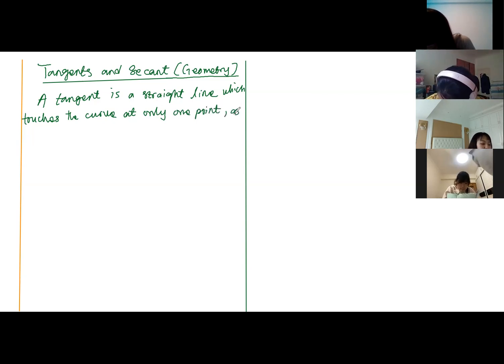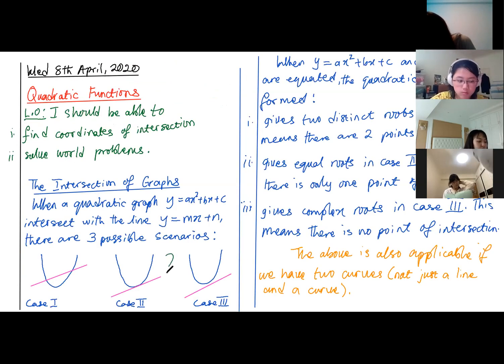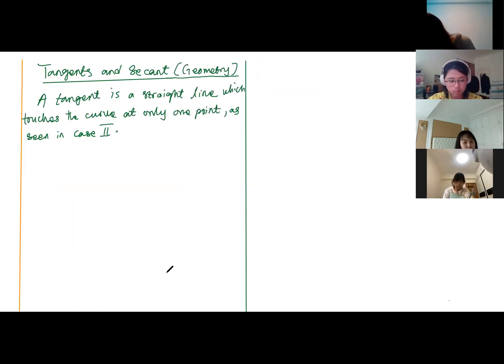So I would say as seen in case one, not as seen in case two. I hope everybody understands what I mean by that. So this is the tangent. We say that line is a tangent to the curve. So the pink line is a tangent to the curve.